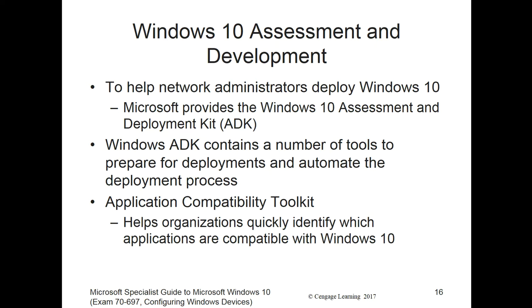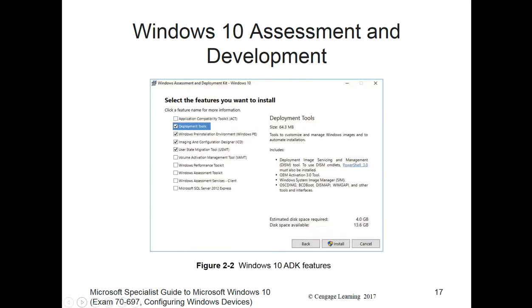There's an Application Compatibility Toolkit, and it helps organizations quickly identify which applications are compatible with Windows 10. So here's our interface, and we can select the different features that we want to install.